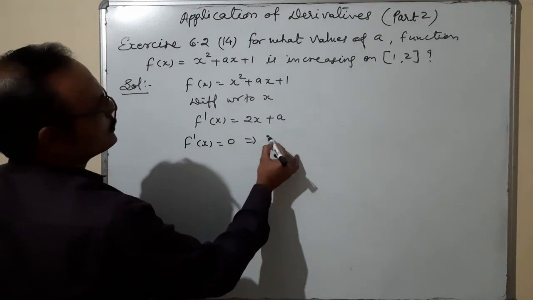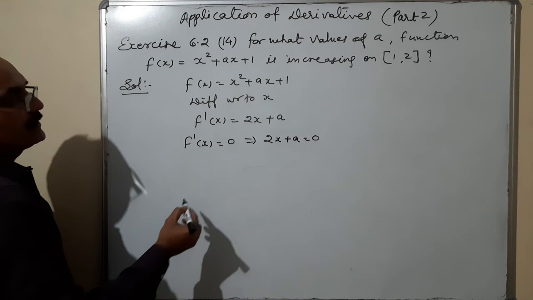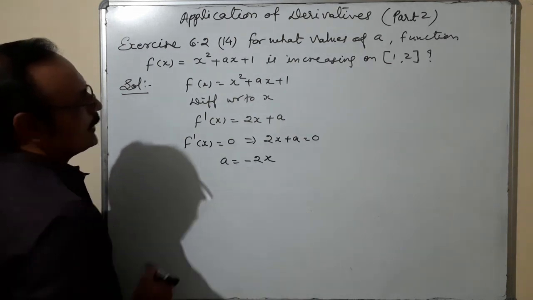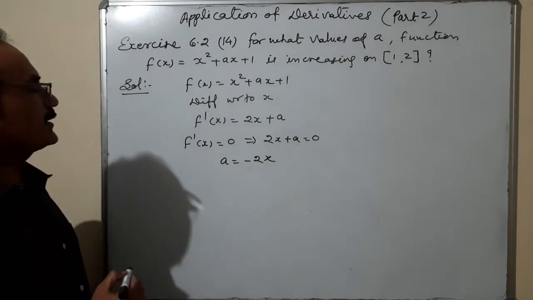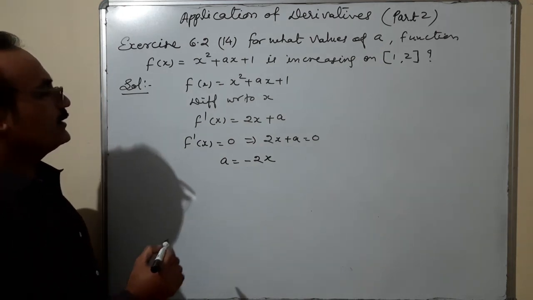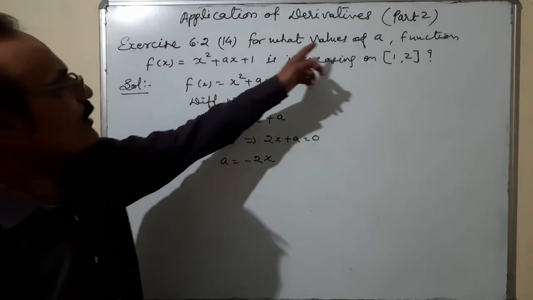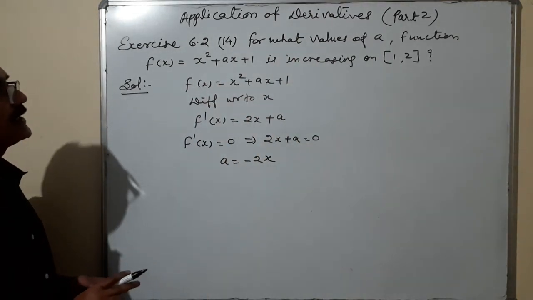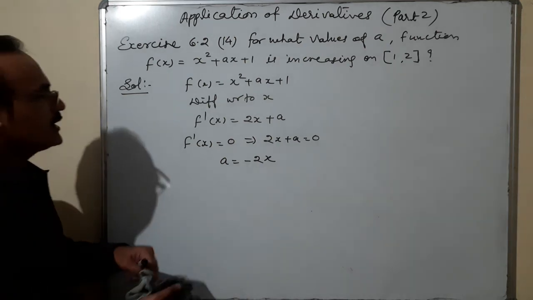That means 2x plus a is equal to 0 and a is equal to minus 2x. Is that okay? And by the way, it is not required that f dash x is equal to 0, because the condition is for what values the function is increasing.